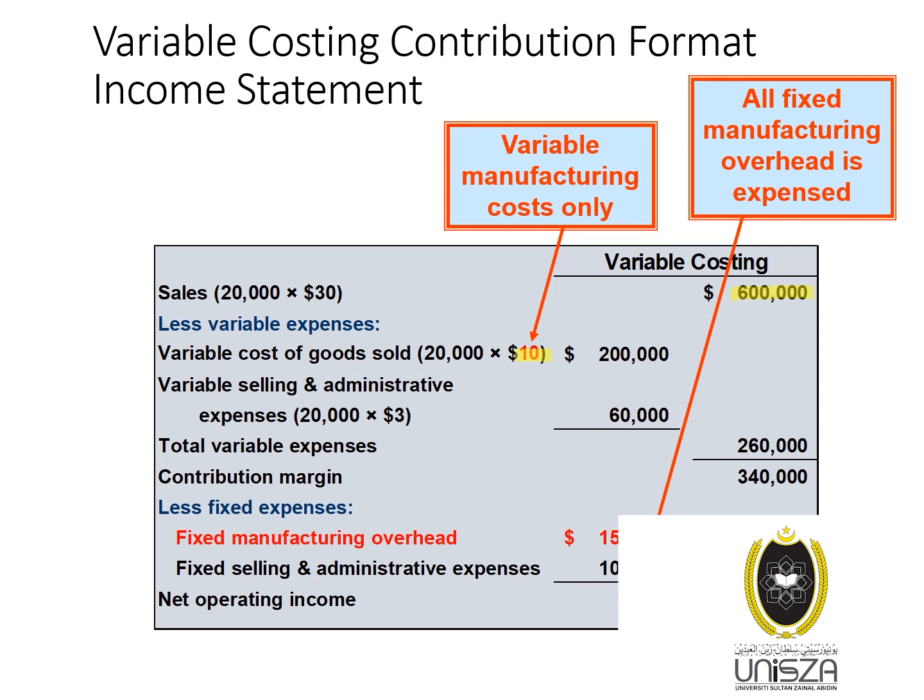CM is 340,000, and we take all the fixed costs that we incurred during the year, 150,000 and also 100,000 for fixed selling and administrative expense. This is the net operating income under variable costing. The reported income will be 190,000.